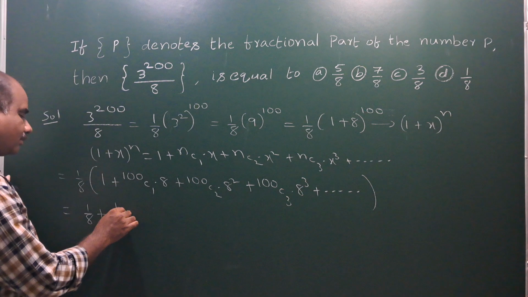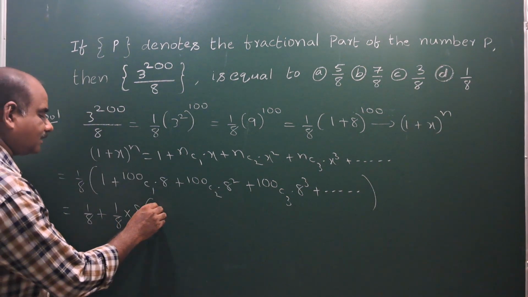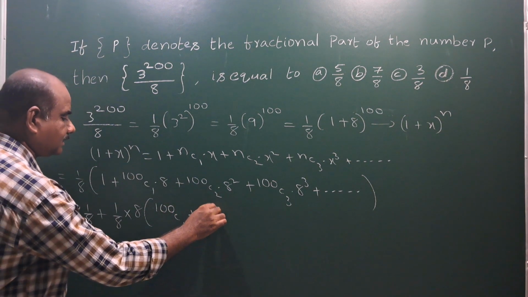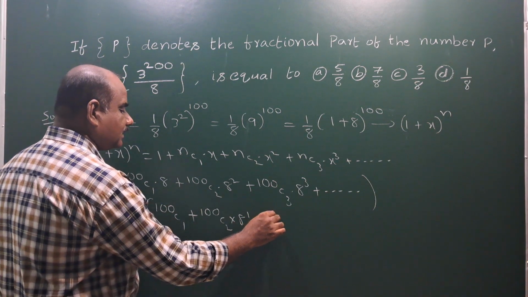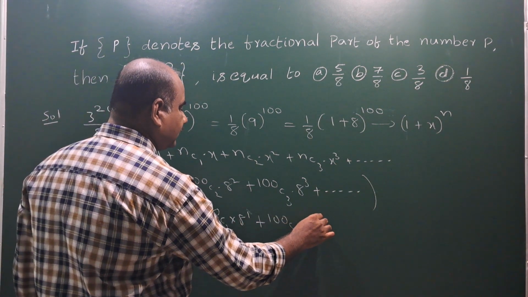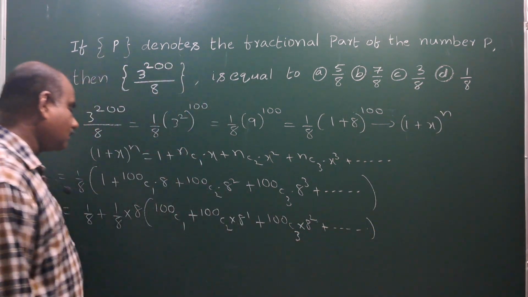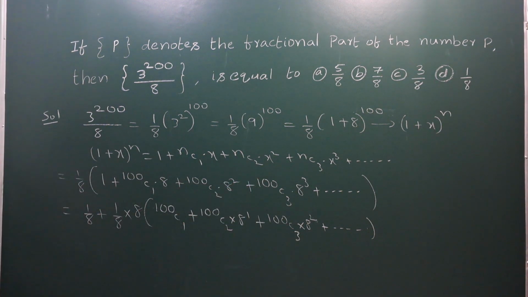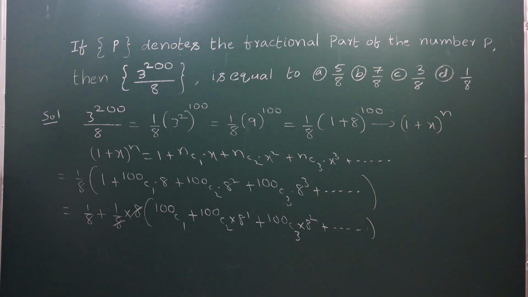That means 1 by 8 of 8, and the remaining expansion is 100c1 plus 100c2 into 8 power 1 plus 100c3 into 8 square, and so on. That means we take 8 as common from the second term to the entire expansion. Cancel the like terms, 8 and 8.